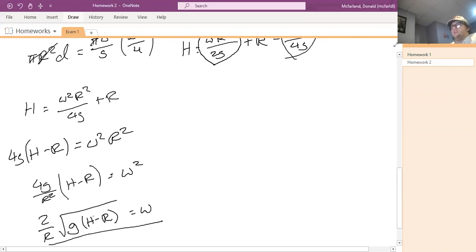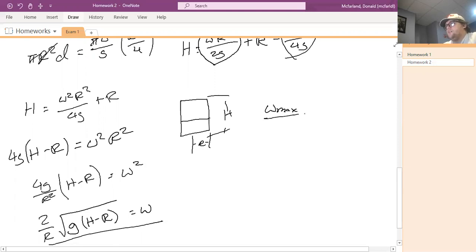Now, if we plug our height of the cup and our radius of the cup into this equation, we'll be getting the omega max of the fluid. So by plugging in the H and the R, we'll find out how fast we can spin this cup without any of the contents leaving the cup.